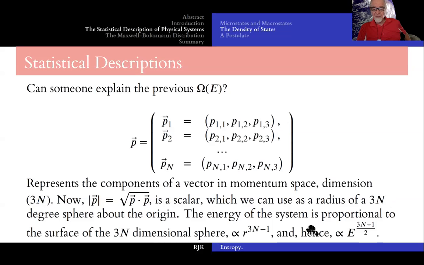And the energy of the system is proportional to the surface of the 3n dimensional sphere, which turns out to be the radius to the 3n minus 1. And since the energy is proportional to the magnitude of the momentum squared, it is proportional to the (3n minus 1) divided by 2 for the energy.